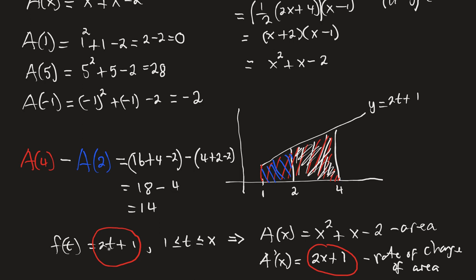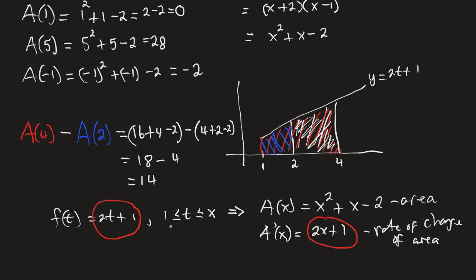Remember, the graph was a function of t, and the area is a function of x. And the rate of change of that area is the same function that defined the graph. Right?